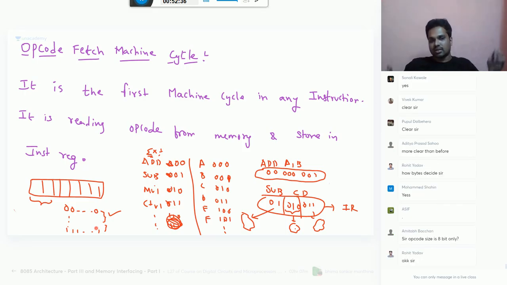That is the designer's wish. You have all codes from all zeros to all ones. In that range, the designer may decide: if the number is less than this, it is a 1 byte instruction; if it is from here to here, it is a 2 byte instruction; if it is more than this, a 3 byte instruction. This design is in your hand only. You can design in a number of ways. So the manufacturer also made the design like that.